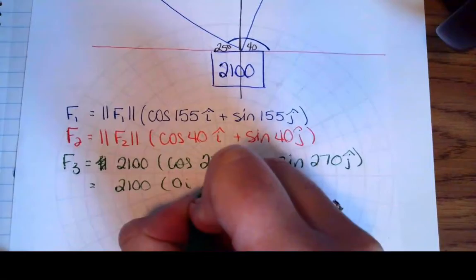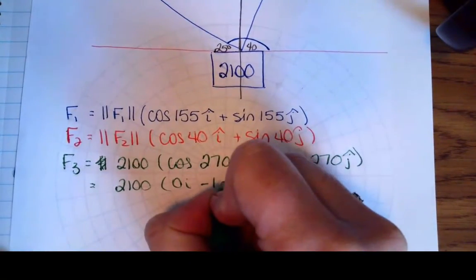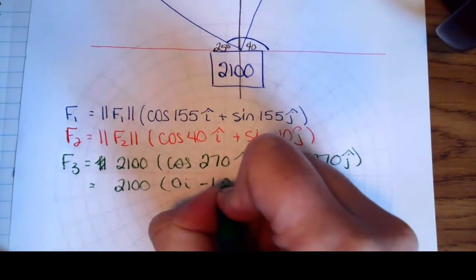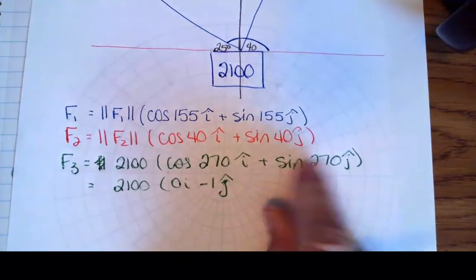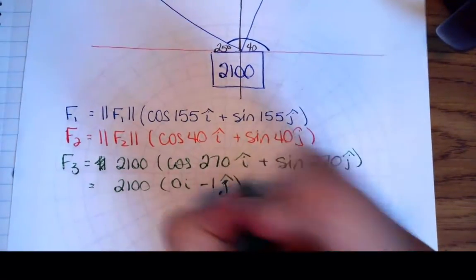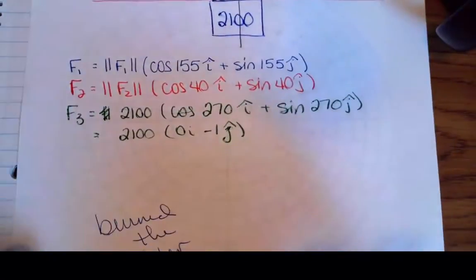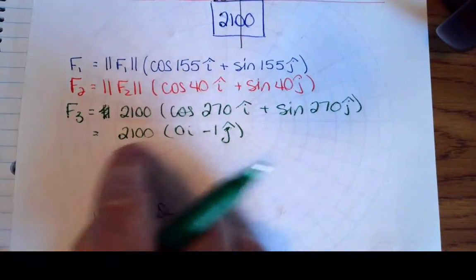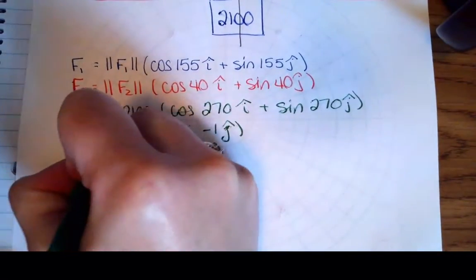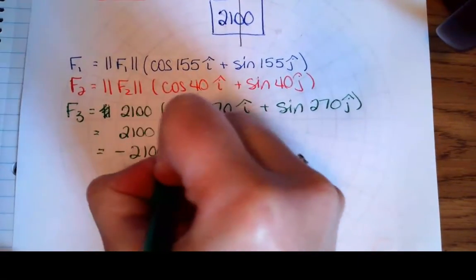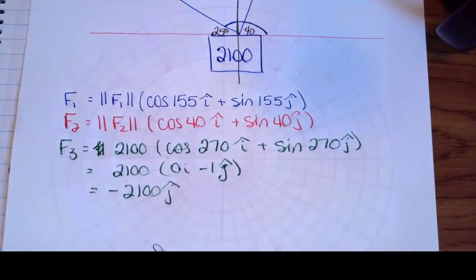So I have 0 I minus 1 on J, because the sine of 270 is -1. So when I distribute that weight or that force, that's going to become a negative 2,100 on J. Okay, so this is our setup.